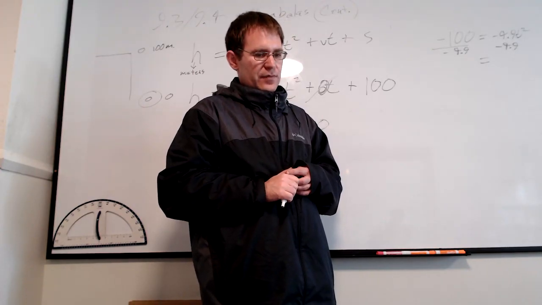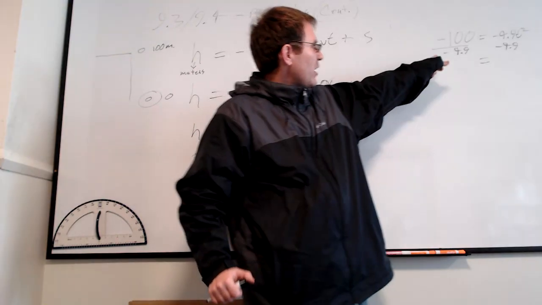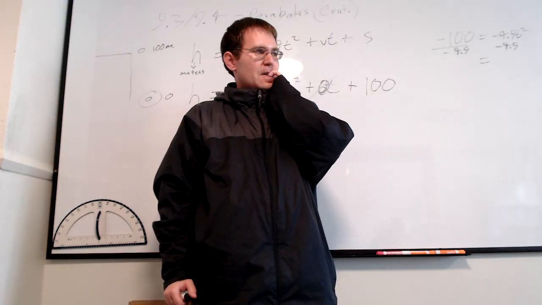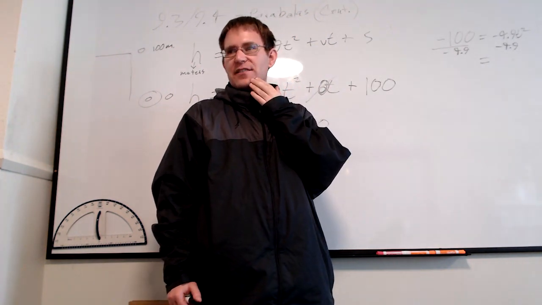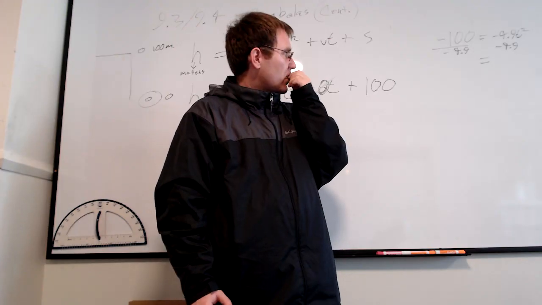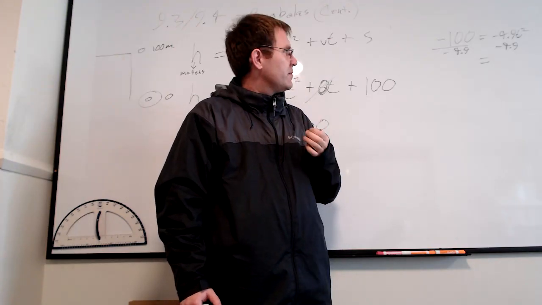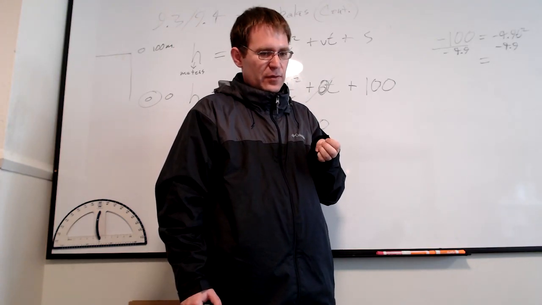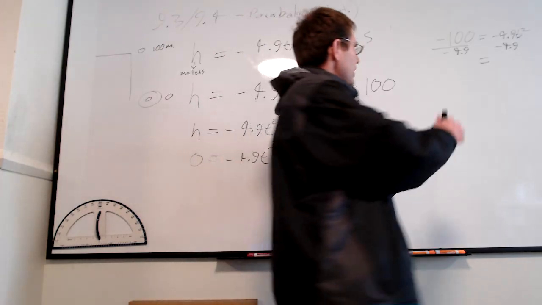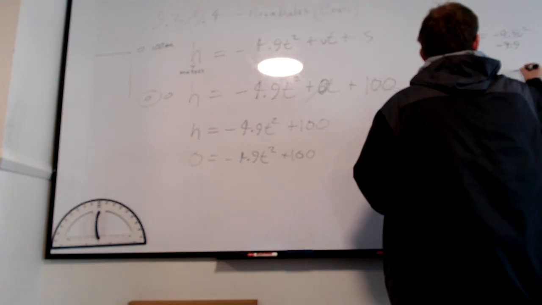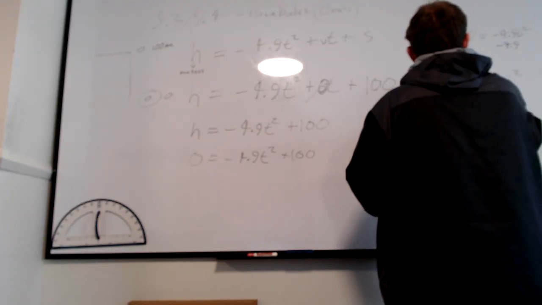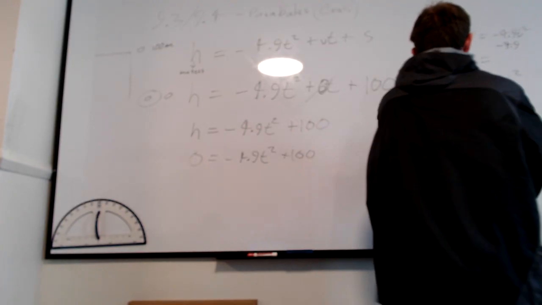Negative 95.1. Okay, what can we tell right away? Should this be positive or negative? Positive, because it's a negative and a negative. Wait, I did that wrong. It's 20.409. So t squared equals about 20.41.